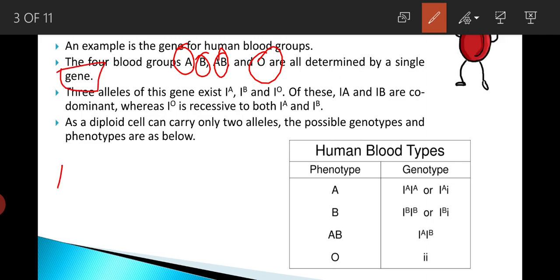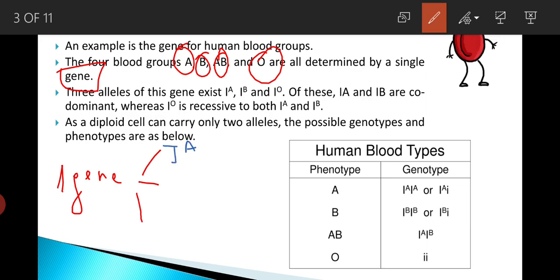This gene is expressed in three different alleles, which are IA, IB and I0. IA and IB are dominant, while I0 is recessive to both IA and IB.